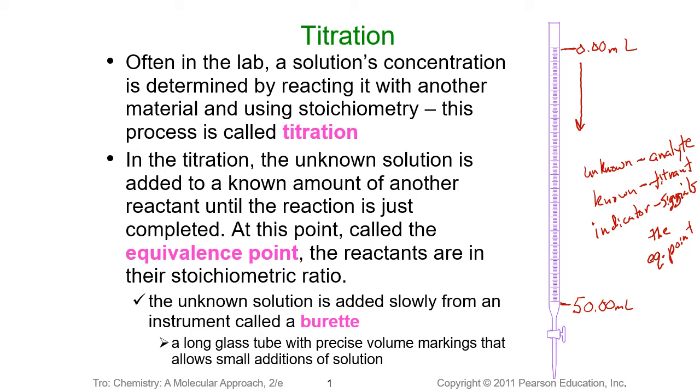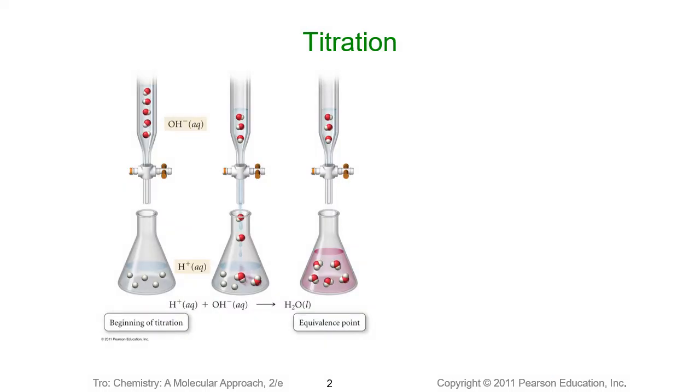In an acid-base reaction, it typically changes color right at the equivalence point of our chemical reaction. The indicator that we typically use is phenolphthalein, and phenolphthalein changes from a clear, colorless solution to a pink solution at the equivalence point.